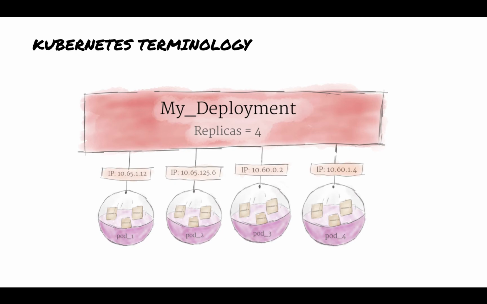For example, if there is a deployment which we call my deployment, and there are 4 replicas, that means there would be 4 copies of this service running. Now these services run on various slave nodes, and each slave node has its own internal IP, and we can run one or more services on a particular node, and each of these instances of services are called pods.